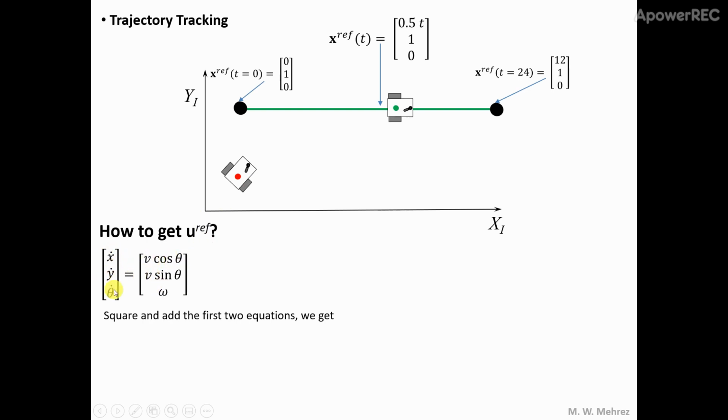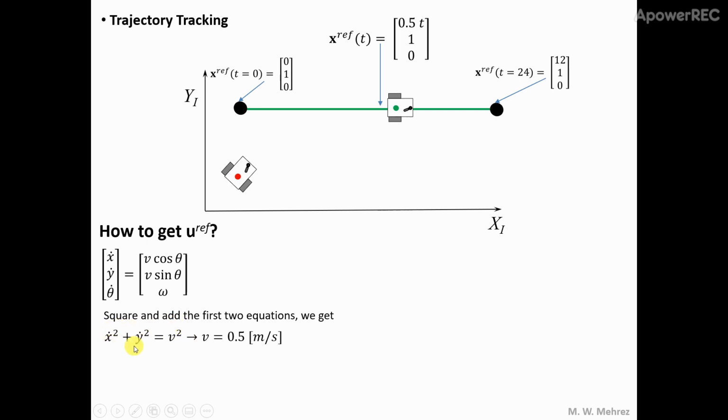So looking at the kinematics equation, if we square and add the first two equations, we will end up having this equation, x dot square plus y dot square equals v square, because if you square this term and add it to the square of this term, you will have sine square plus cosine square, and this is basically 1 multiplied by v square.